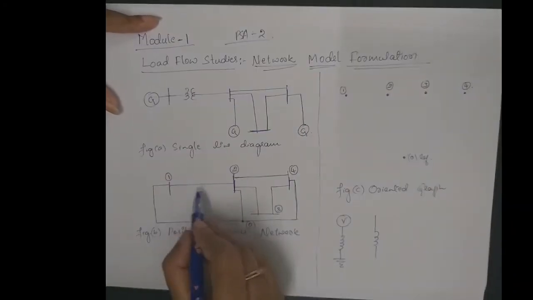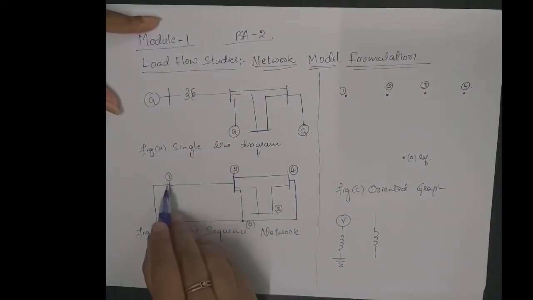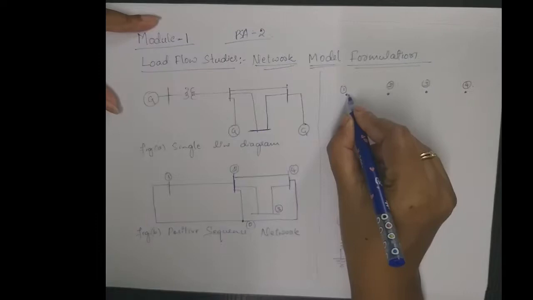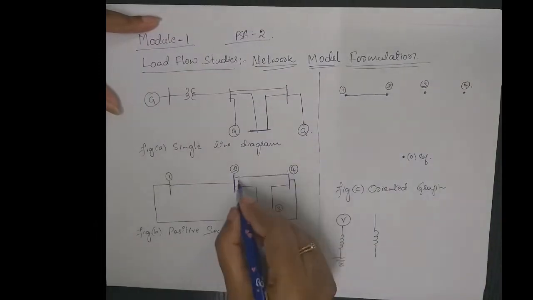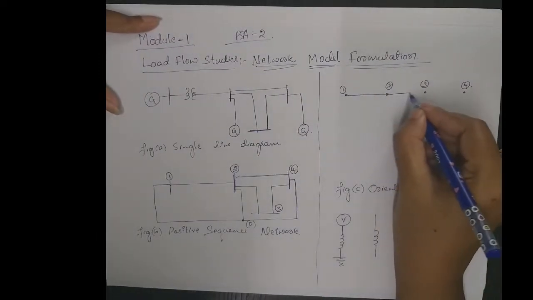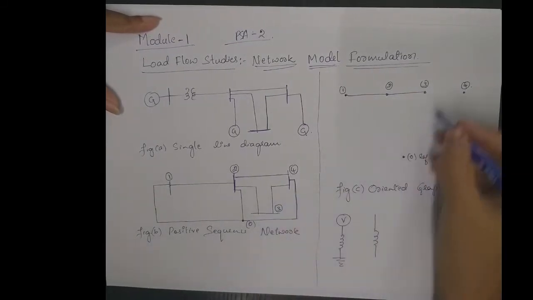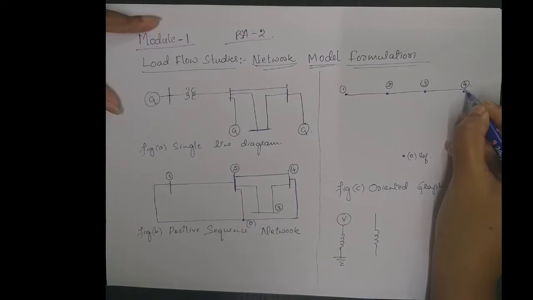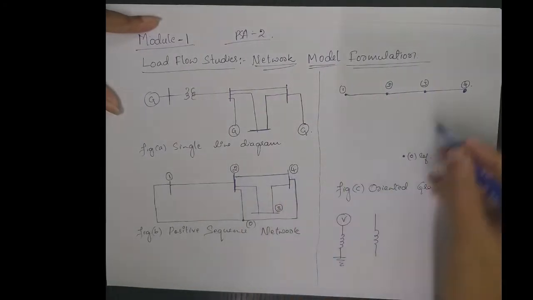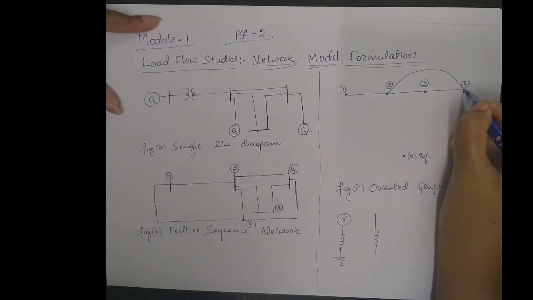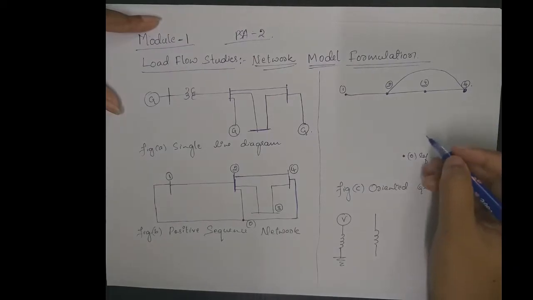Now we have to indicate the elements between the terminals. Check whether we have an element from 1 to 2. Yes, we have. Just draw it as it is. 2 to 3, again we have an element or line segment. 3 to 4, again we have a line segment, and 2 to 4, again we have a line segment, but we cannot overdraw it, so I am drawing like this.